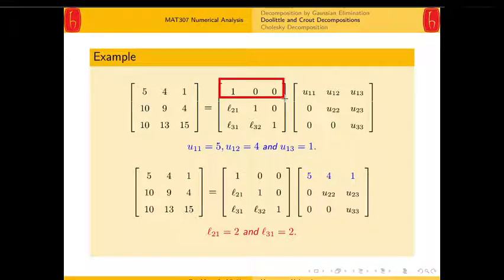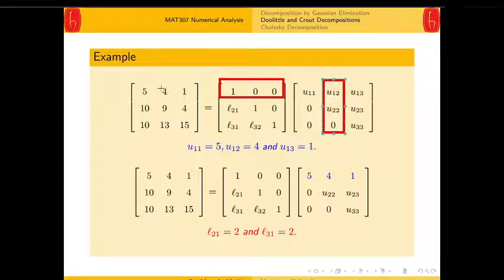We multiply the first row with the columns of the upper triangular matrix. Then we'll have U11 equal to 5, U12 equal to 4, and U13 equal to 1.